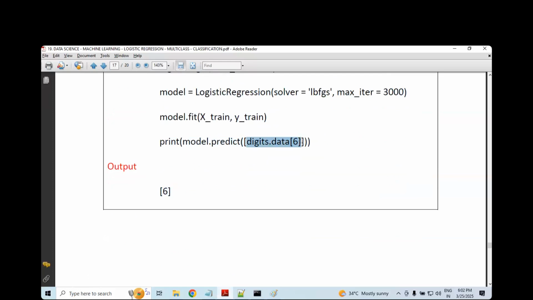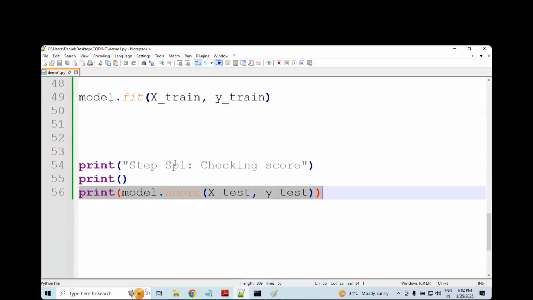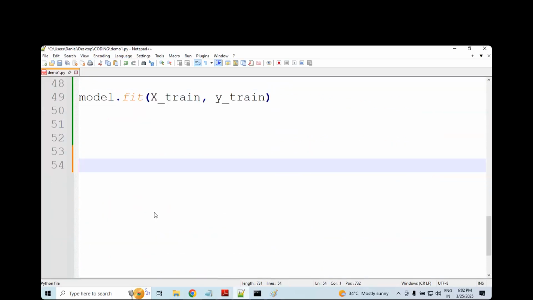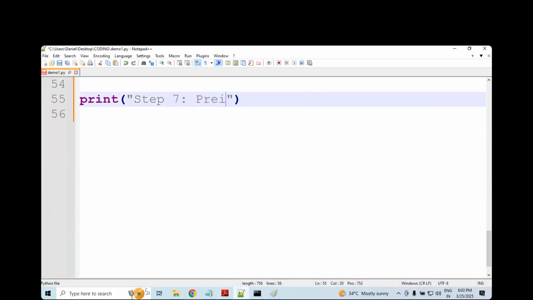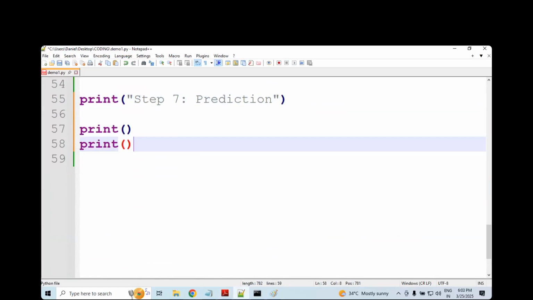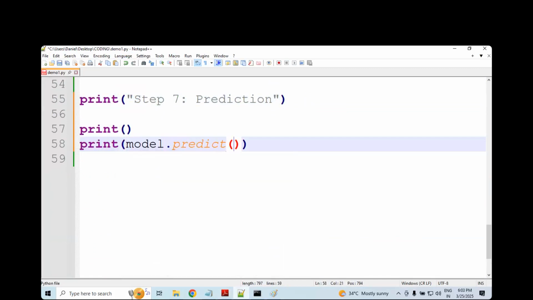If you want, let me try to use that. Here you can provide it directly like this.